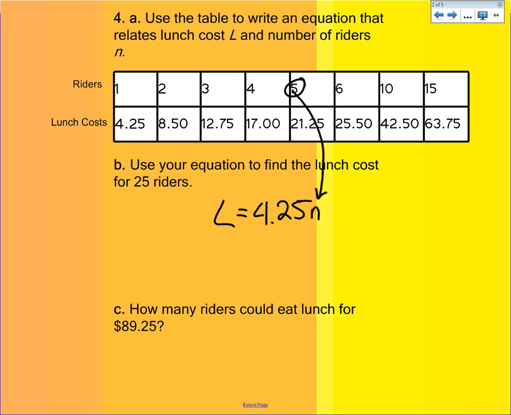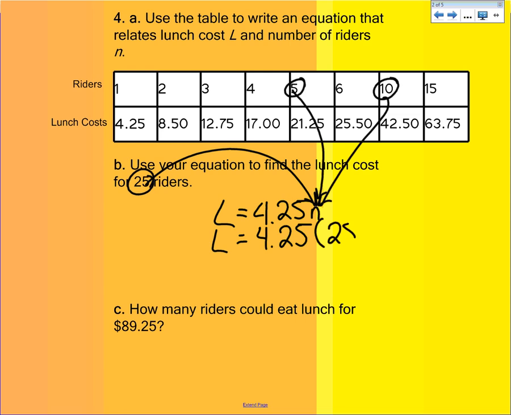So now I can just take my 5, plug it in for N, and test it. Yes, 5 times 4.25 is 21.25. Or I could take my 10 and plug it in and test it for N. Yes. Or, like the question asked me, I'll take my 25 and plug it in to N. So now we have L equals 4.25 times 25.